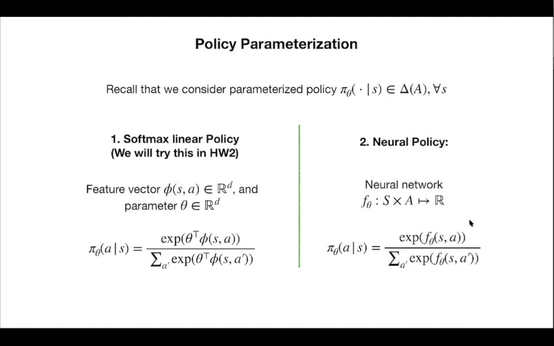The first example is a linear logistic regression for multi-class classification. The second one is multi-class classification using neural network parameterization. Each policy pi is just a classifier that has its own parameters to be optimized, and they're differentiable.